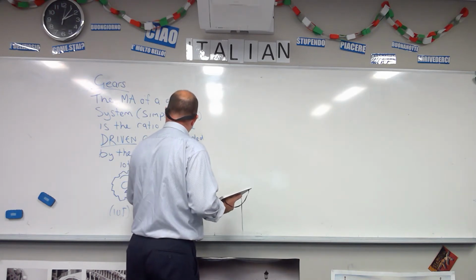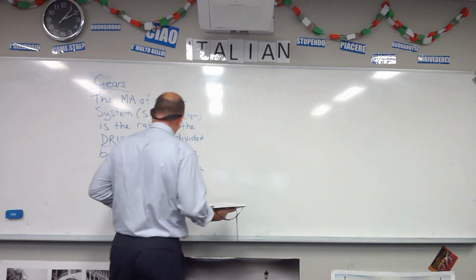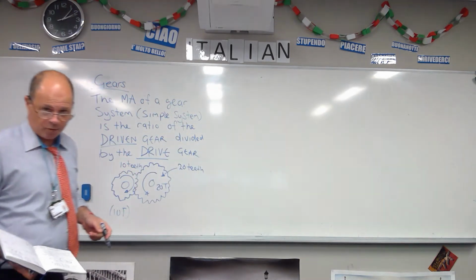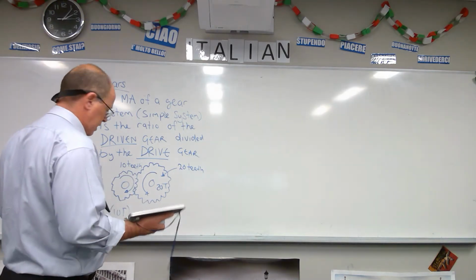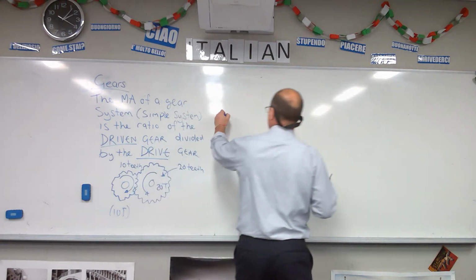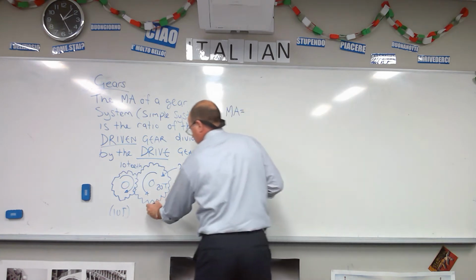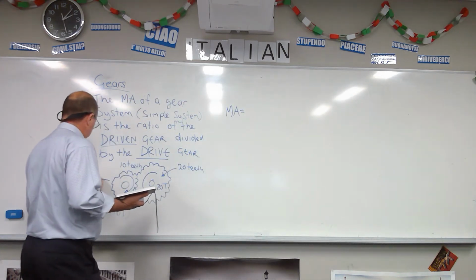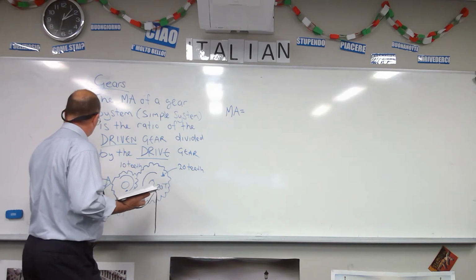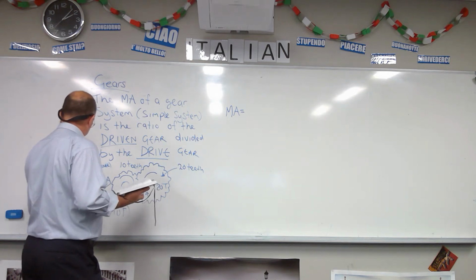You might see that written as 20T on there. So you want to work out the mechanical advantage. As per what's written here, you would just write MA is equal to, this is the drive gear, or driver gear.